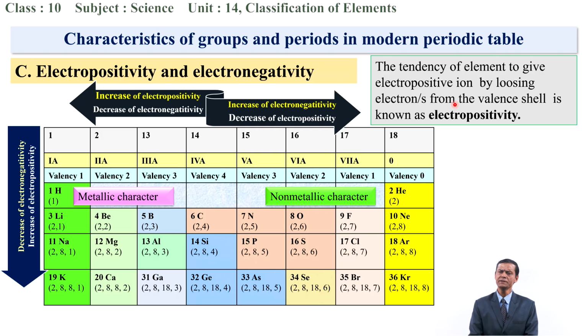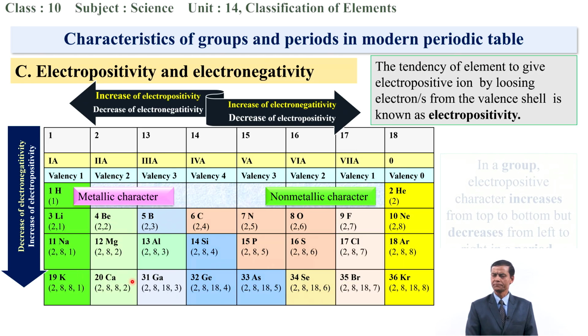The tendency of an element to give an electropositive ion by losing electrons is called electropositivity, the tendency of losing electrons from the valence shell, isn't it? We have studied valence shell electrons, their tendency of losing electrons. So that is electropositivity, isn't it?